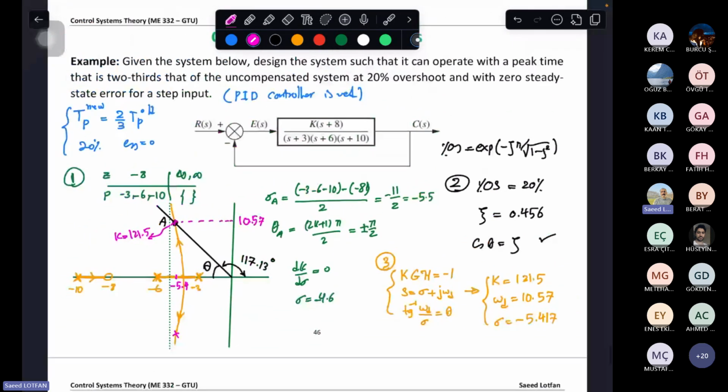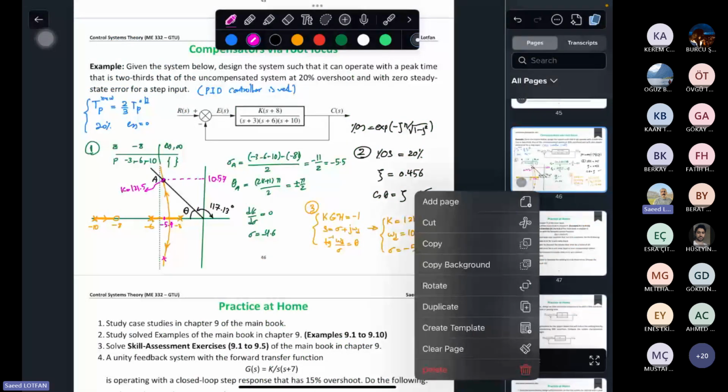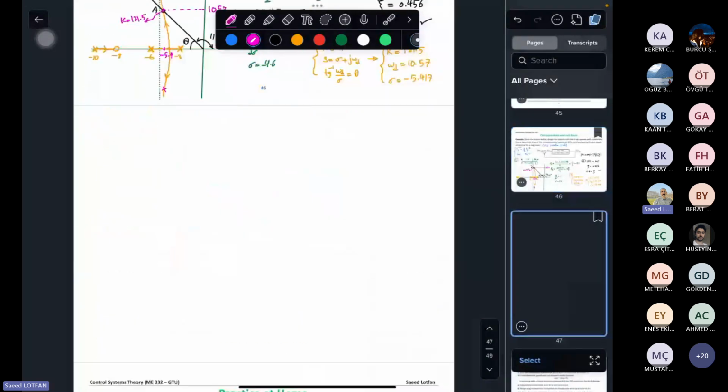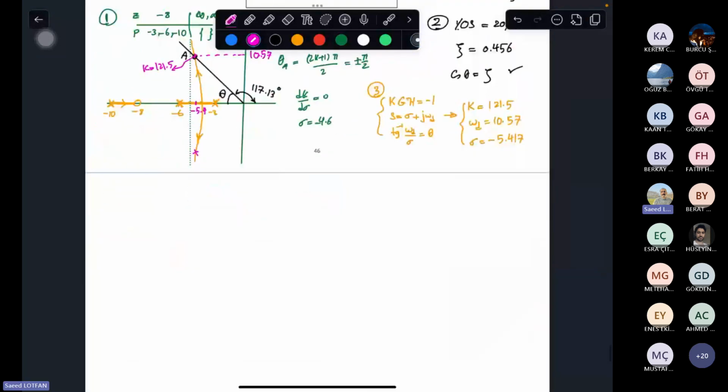Now if I want to go to the design, let me add some page to it. Say that, okay, now my T peak of old is pi over omega D, which is pi over 10.57.